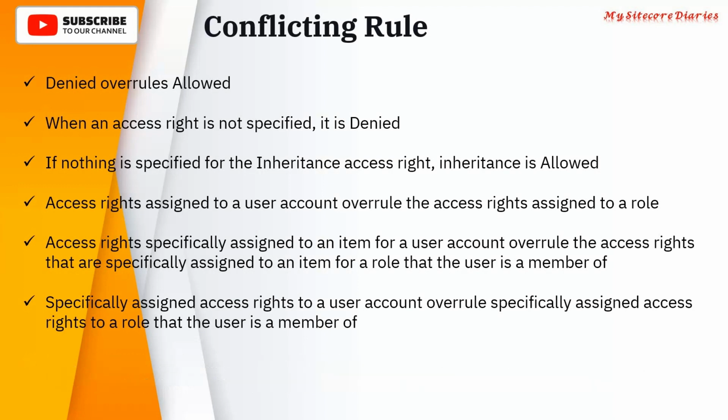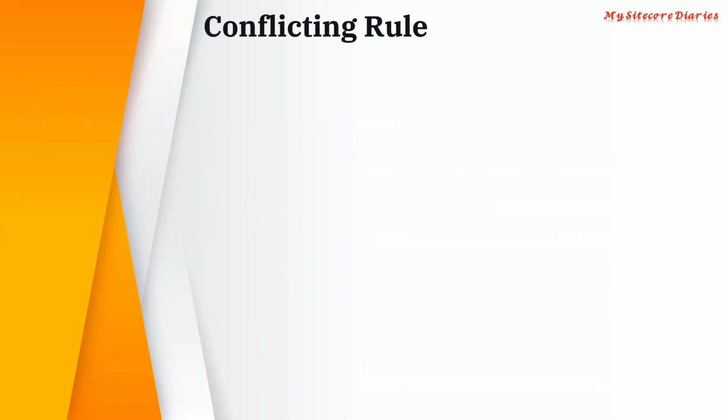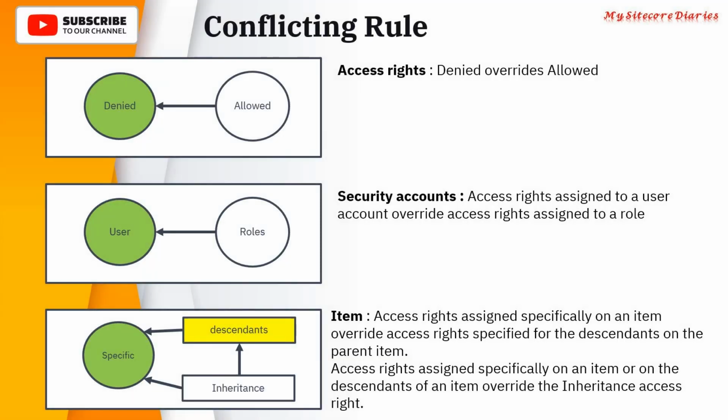The main important thing is this one. You need to understand this diagram, which is for access rights, security accounts and item. In the access rights, denied will get precedence. Denied will always override the allowed. In security accounts, we have two, user and roles, where the user will get precedence.